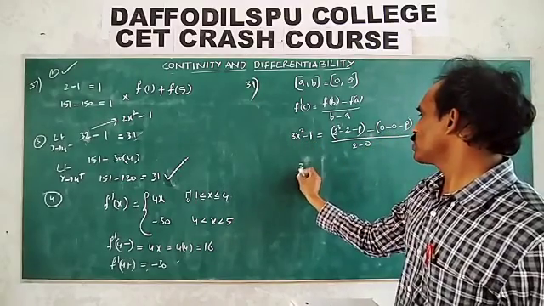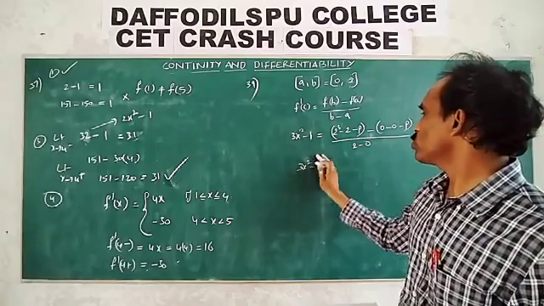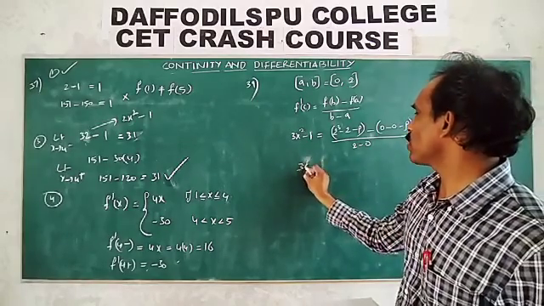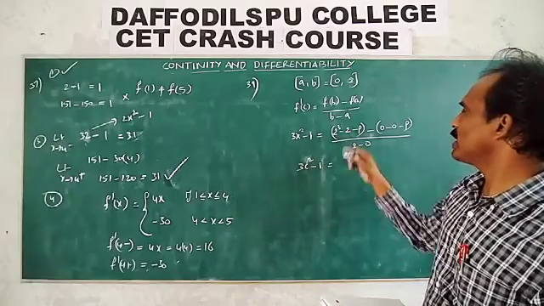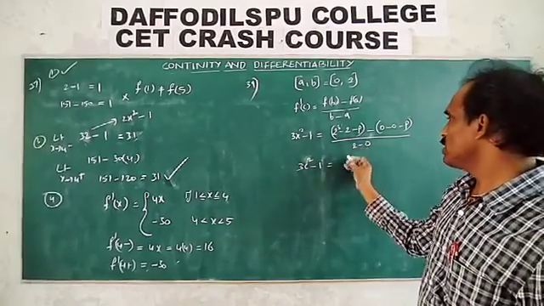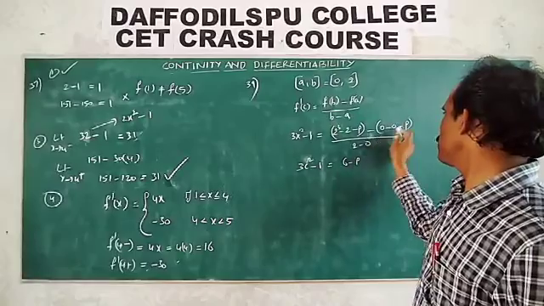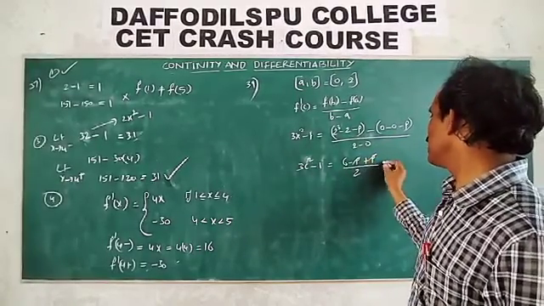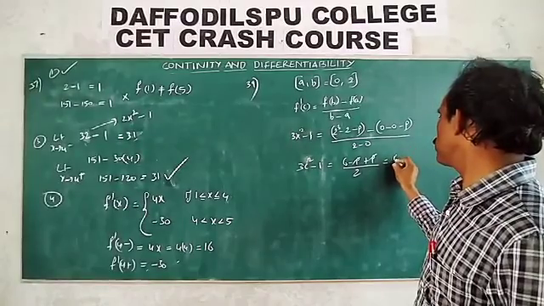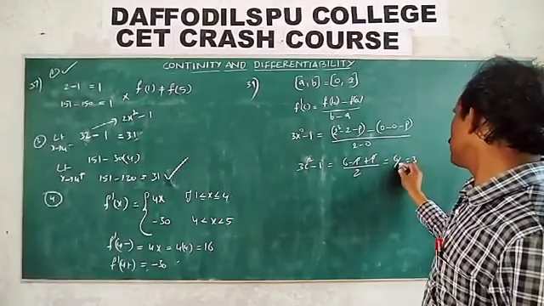So 3c square minus 1 is equal to 6 minus p plus p divided by 2, and the p cancels. 6 by 2 is equal to 3.